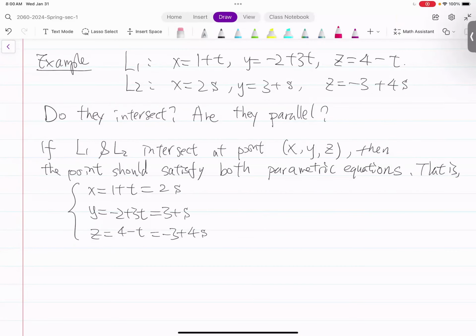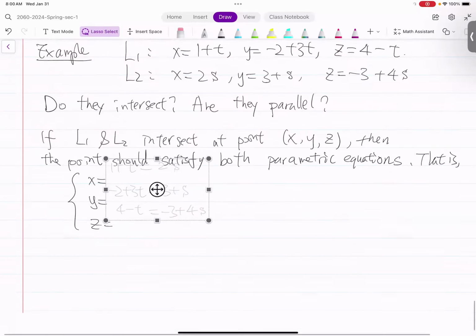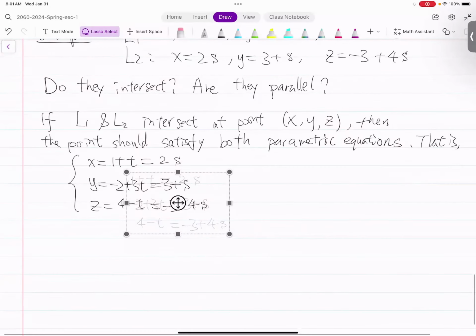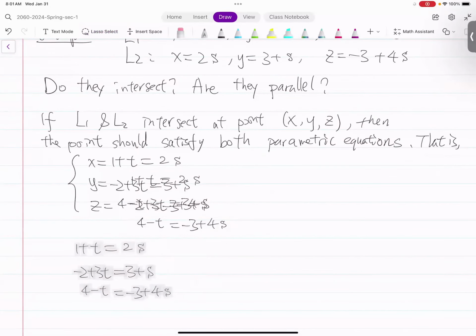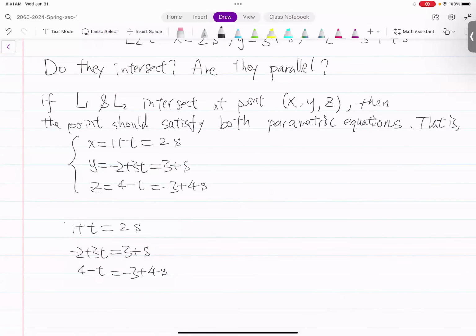If you look at these three equations, the most right-hand side and the middle part will matter. If you can find the t and s that satisfy all three equations, then you will find the intersection. Or if you cannot find the pair of t and s that satisfy these three equations, then you cannot find the point x, y, z that's the intersection.